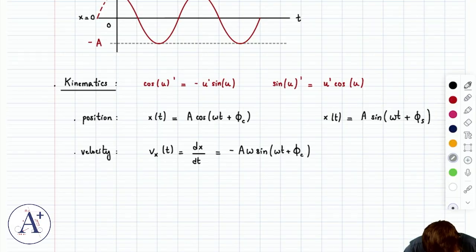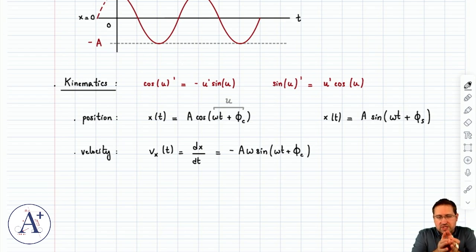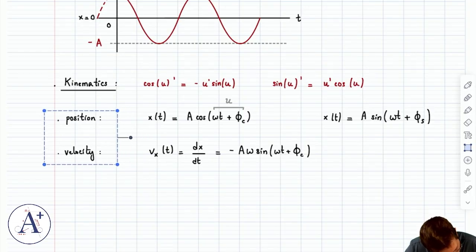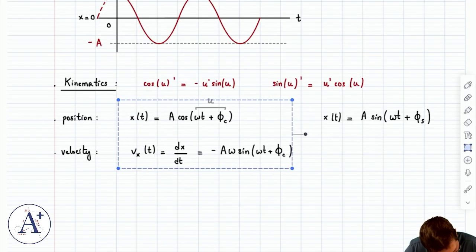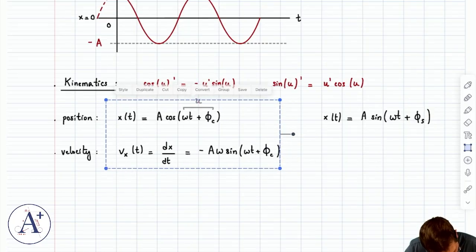Careful. Effectively, this is u, right? So this is going to be phi sub c, even though now I get a sine, right? The sine came from differentiating, but what's inside of u is phi sub c, so I still get phi sub c in here. And let's maybe make a little bit of room so that we don't trespass too far to the right here.